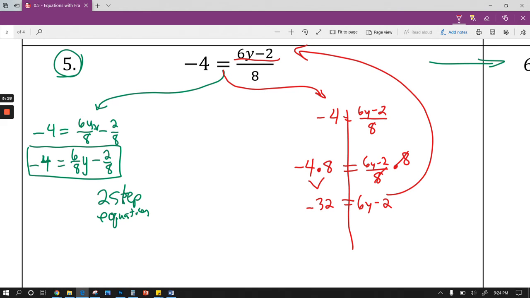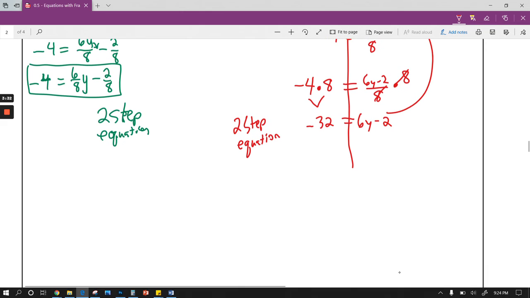And now we once again have a two-step equation. And in order to solve that two-step equation, we need to isolate y. So we're going to get y all by itself.